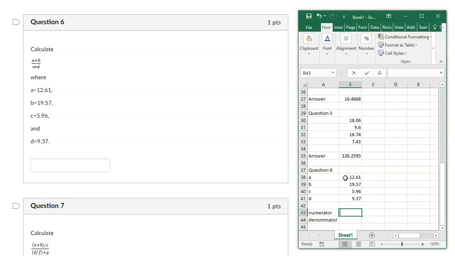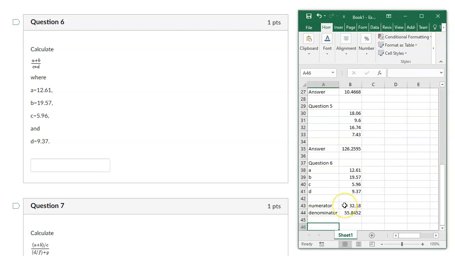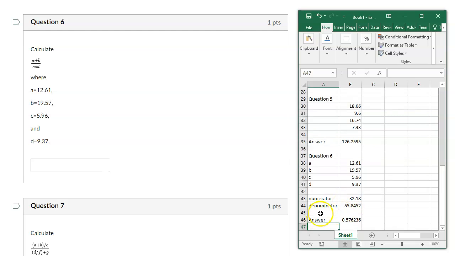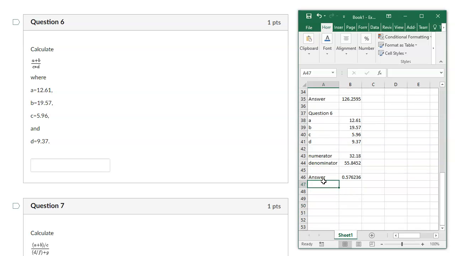I'm going to do the numerator first, which is just A plus B. Then the denominator, which is C times D. Now I can do this all in one step, but if you're struggling a little bit, make life easier on yourself and do it in smaller steps. Okay, so that gets us through question 6.